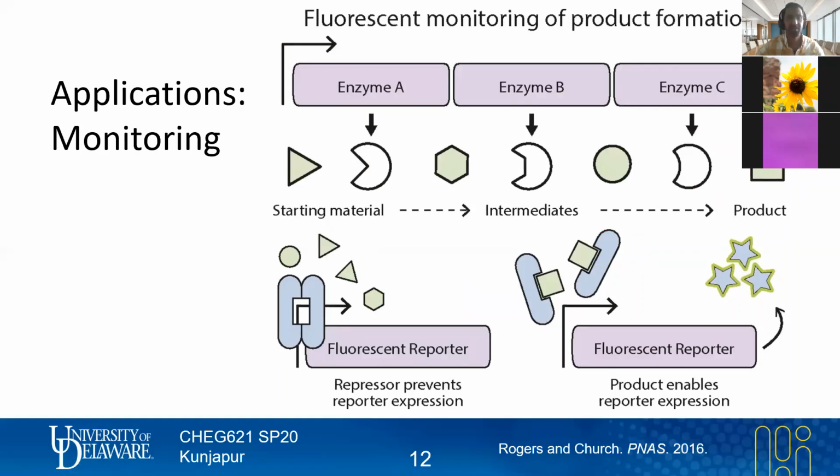Thinking about applications for biosensors, the very common one that I was just describing also with vanillate was just monitoring. And so this example nicely illustrates with a metabolic pathway how you can get some product here represented with a square, and how your triangle, circle, or hexagon precursors don't bind your transcription factor, so you don't get fluorescent protein, but then when you have the product, you get fluorescence, and hopefully proportional to your product.